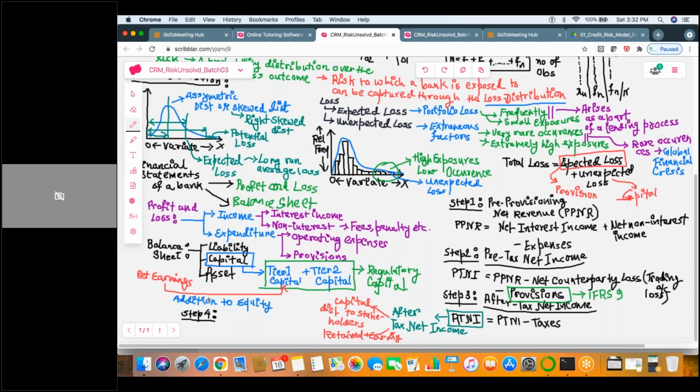Over here, what I have is step 4. This is the change in the equity capital.